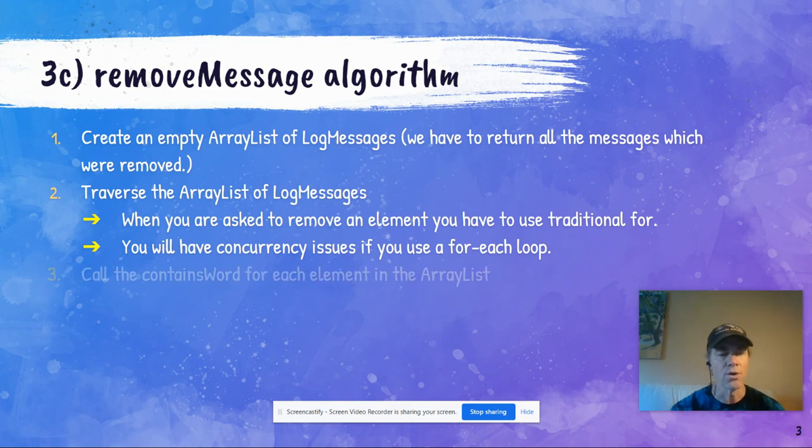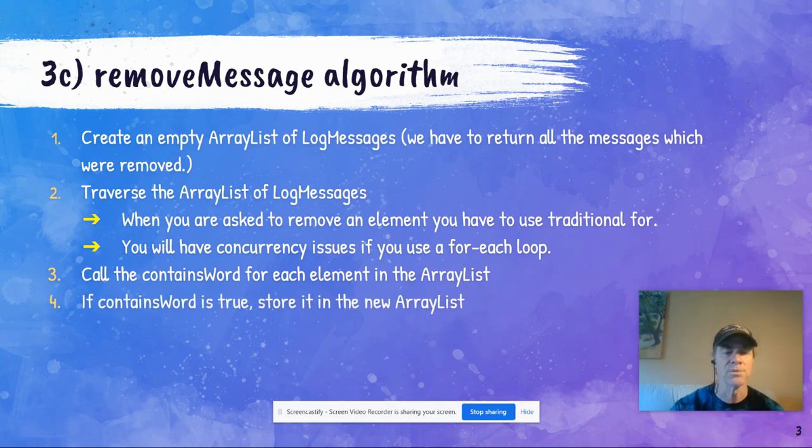We have to call the contains word method. That's also in the instructions, that irrespective of what we did previously, we've got to call that method. They like doing that. That's a pretty typical thing for them to do. If it does contain the parameter, then we want to add that log message item into the new array list that we just made.